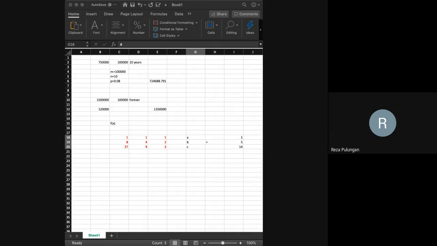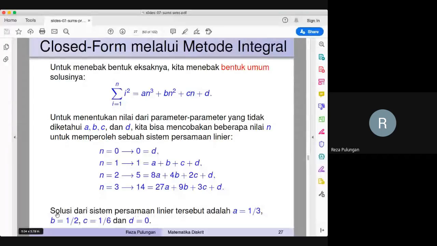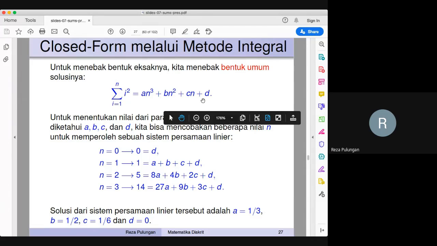The solution of this system of linear equations is A equal to 1/3, B equal to 1/2, C equal to 1/6, and D is equal to 0.